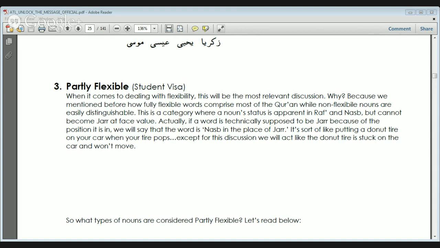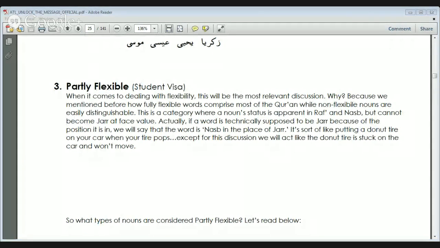And thirdly, partly flexible words will never have kasra. Actually, I'm going to combine these two. Will never have kasra, so you cannot tell if it is jar at face value.